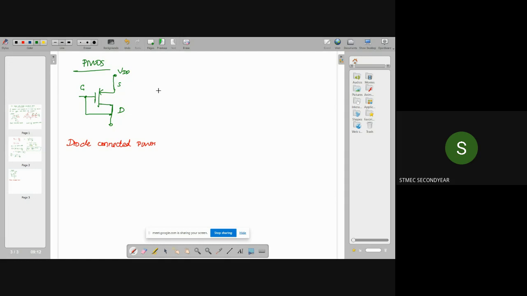So the small signal equivalent model we can draw like this, that is for the PMOS.